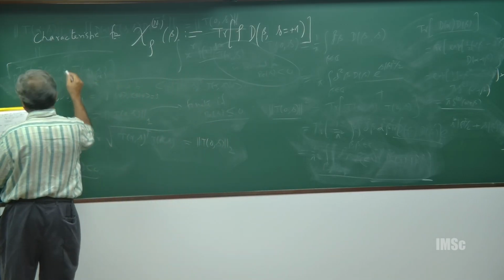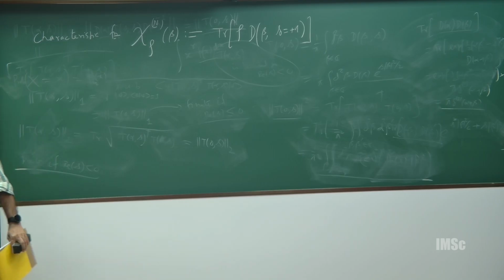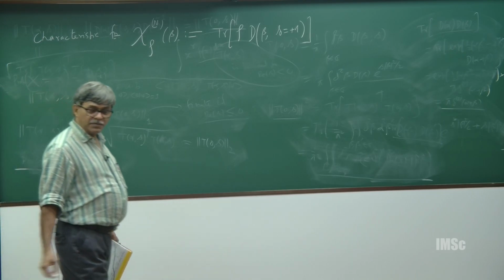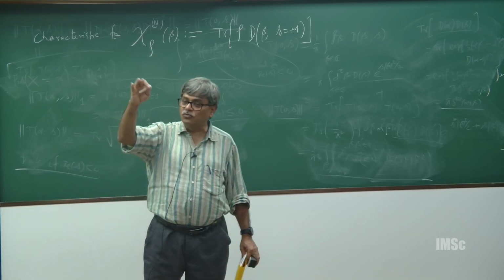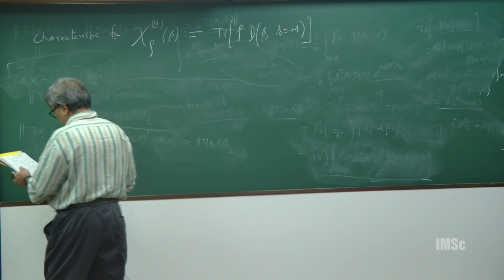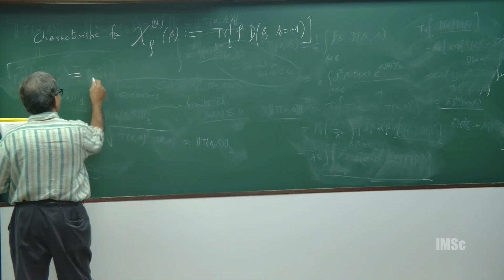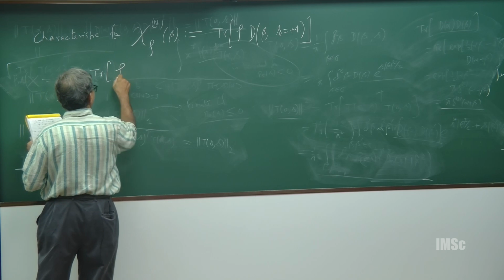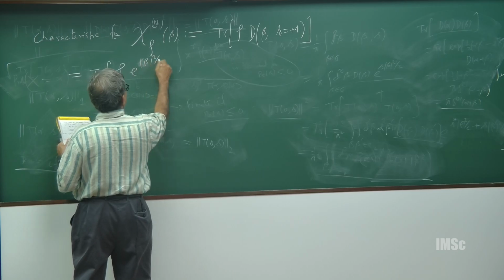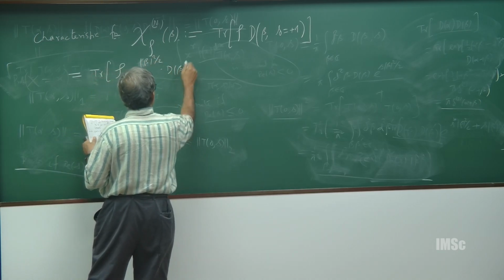And rho is the density matrix, because from the density matrix itself you want to go to the distribution functions. If you look at the trace of rho, and this is e to the power s, so s is plus 1, mod beta square by 2, D of beta.